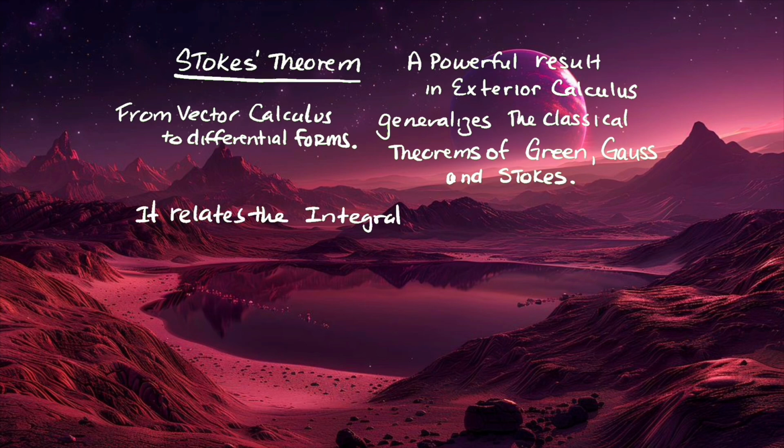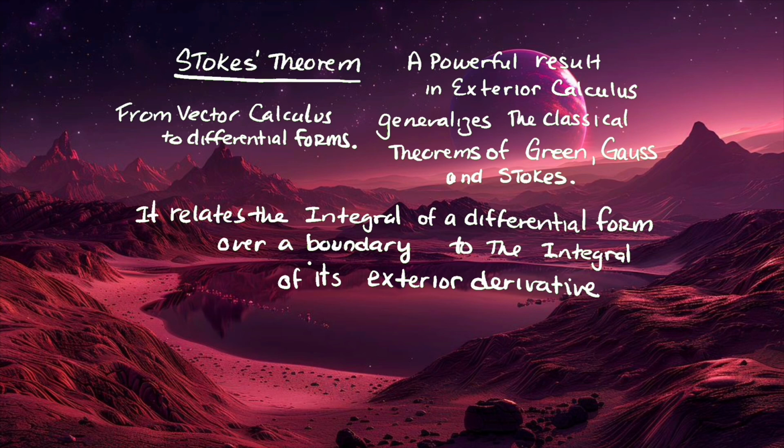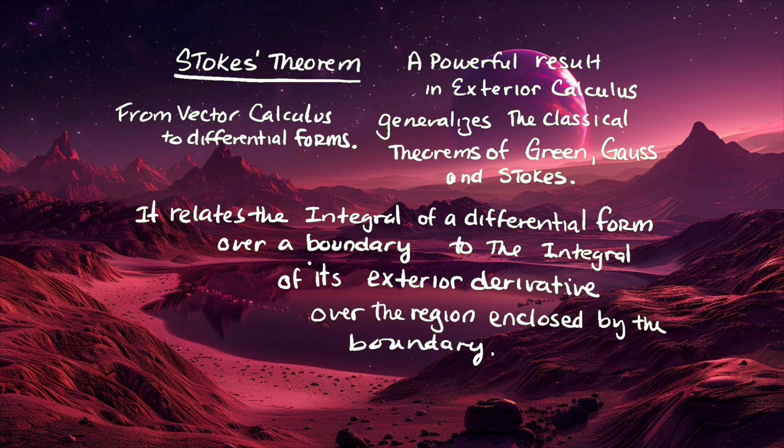And differential forms are stronger arguments because it relates the integral of a differential form over a boundary to the integral of its exterior derivatives over a region enclosed by a specific boundary. And it is usually denoted here, with the curly dM denoting the boundary and M denoting the space enclosed by the boundary.